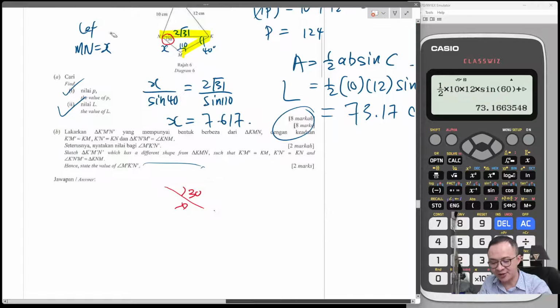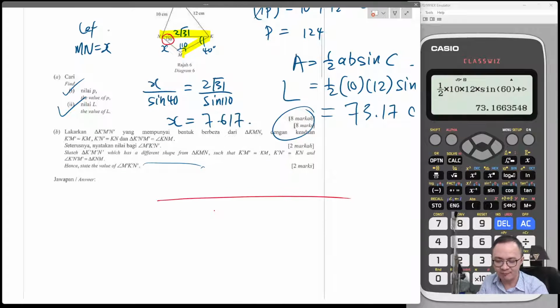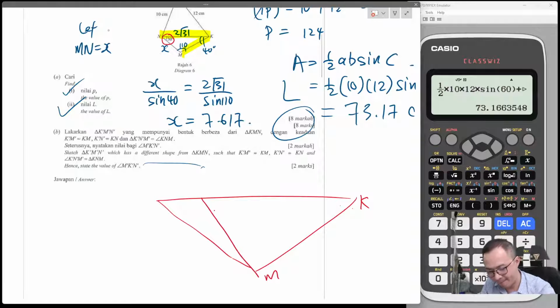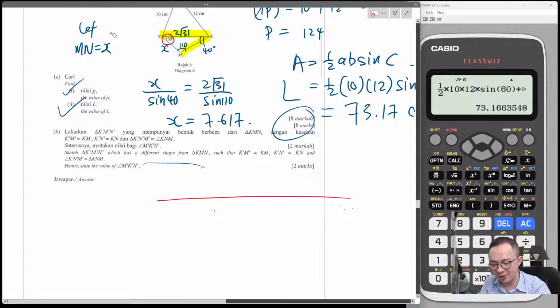So you just imagine, I make it bigger so that it is easier for me to explain. So this one is my MK, right? I will just draw an isosceles triangle for my MK. Okay, just imagine this is MK.